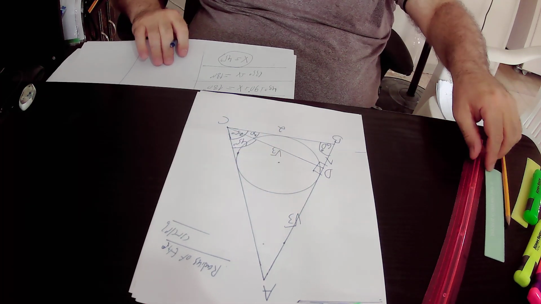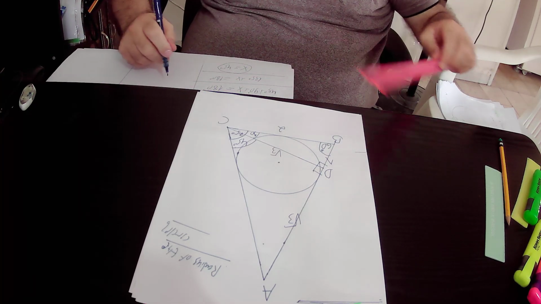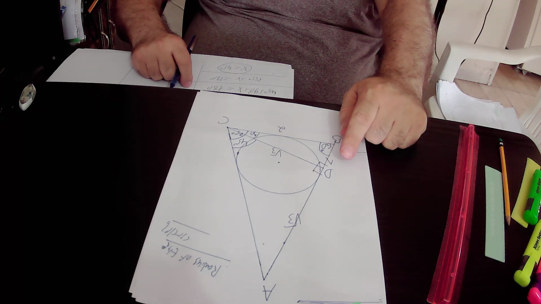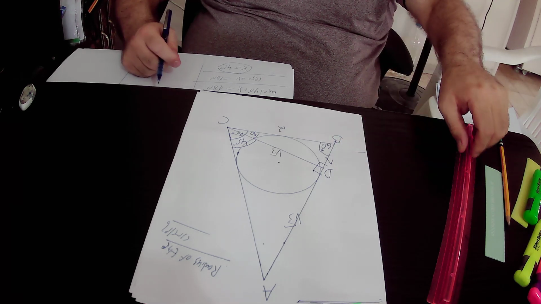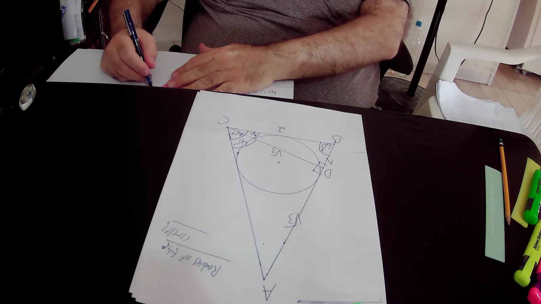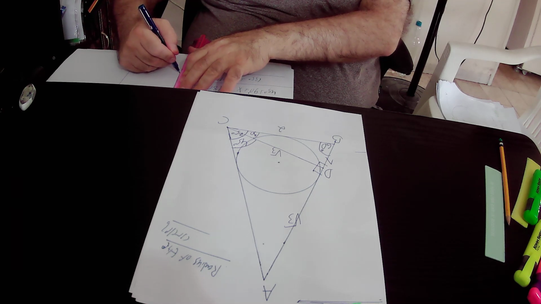So in the next step, we will implement the Pythagoras theorem on the right triangle, triangle ADC. According to the Pythagoras theorem, I'll copy again the right triangle, triangle ADC, and we'll implement the Pythagoras theorem on it.